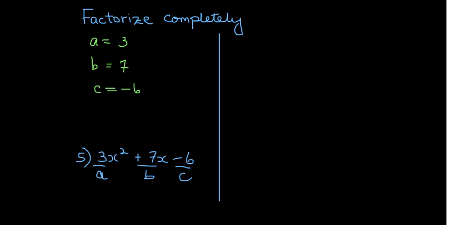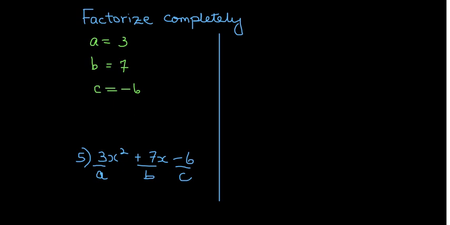Hands down, lovely. Even Destiny and Zia. And Imani, yes. I asked if you all got the a, b, and c: a as positive 3, b as positive 7, c as minus 6, yeah?